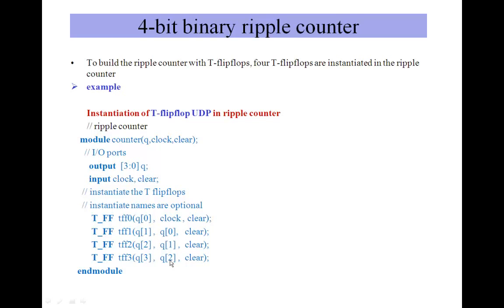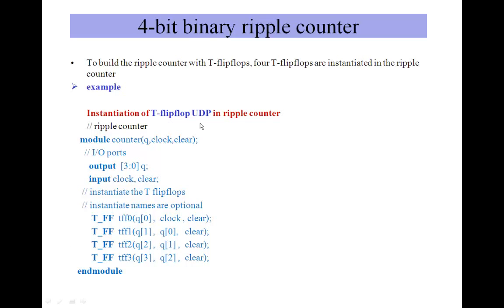This is how the ripple counter behavior is, right? So we are instantiating simply, we are not writing any behavior here for the counter. We are making use of T flip-flop. This T flip-flop is developed using UDP, not module. So this is how we are instantiating a UDP, sequential UDP.